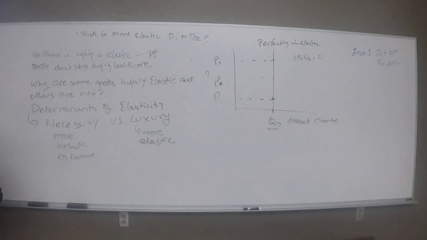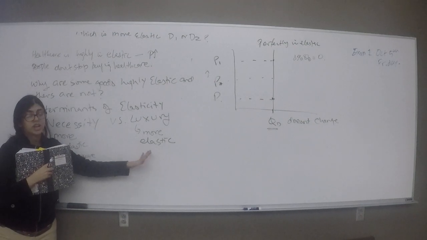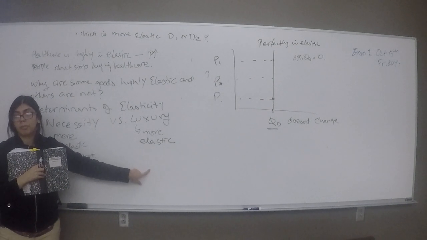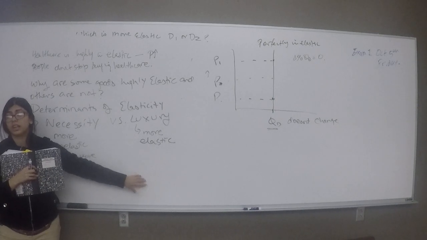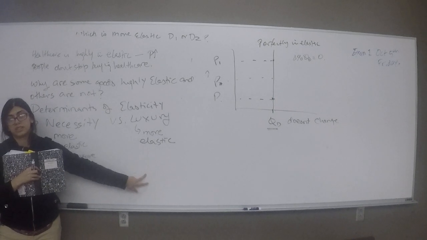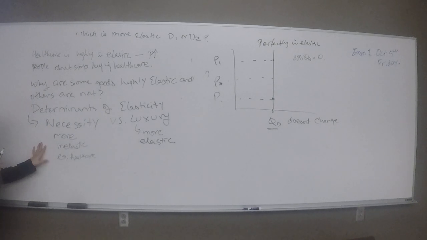So if there is a luxury product and the price increases by a lot, people will react to the increase in price and stop buying the product because it's a luxury, it's not compulsory or necessary. But if it's a necessity product and the price goes up, but you absolutely gotta have it, then you're still gonna buy it.